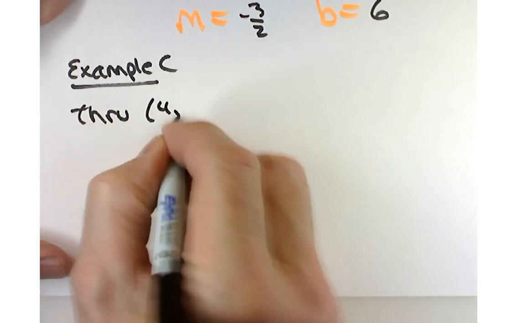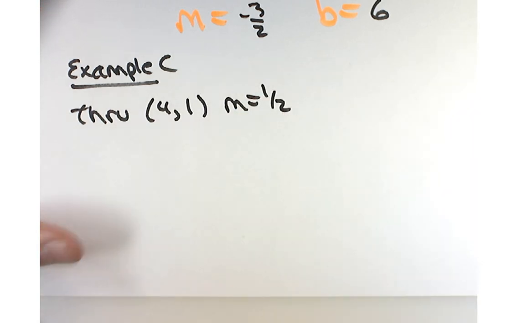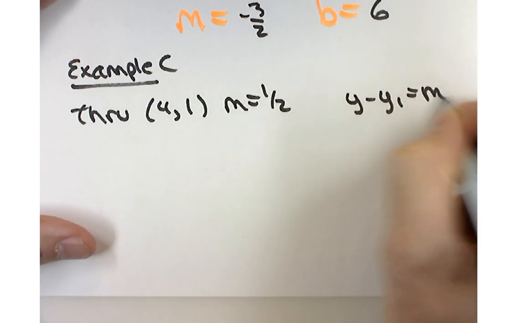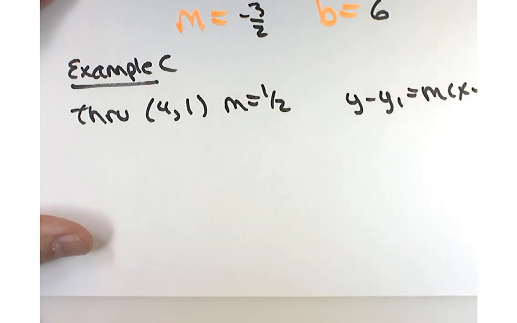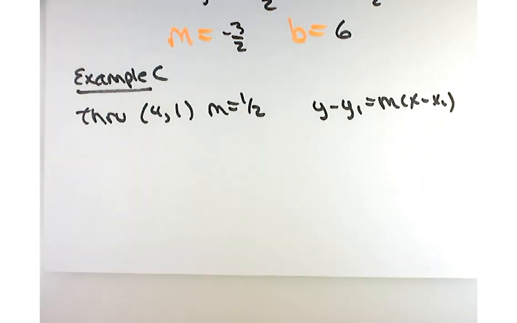Now to remind you, this is what we have to plug into. y minus y1 equals m times x minus x1.